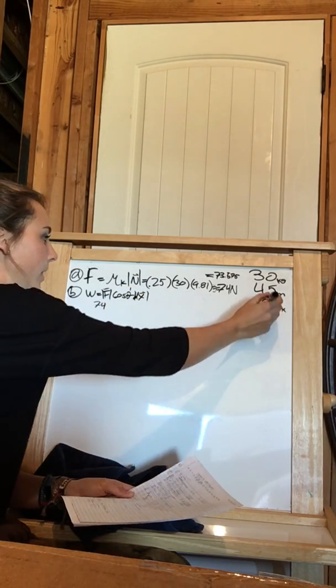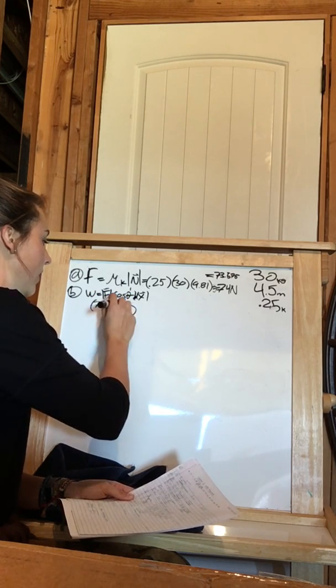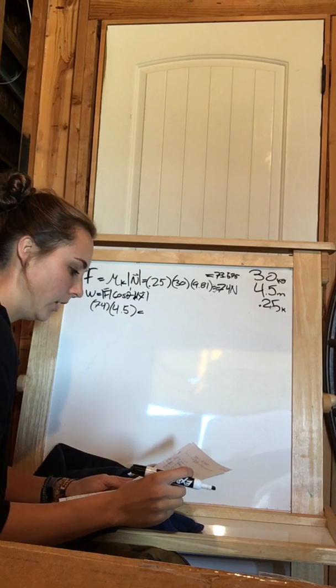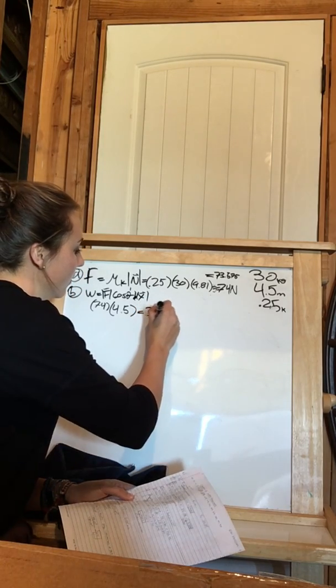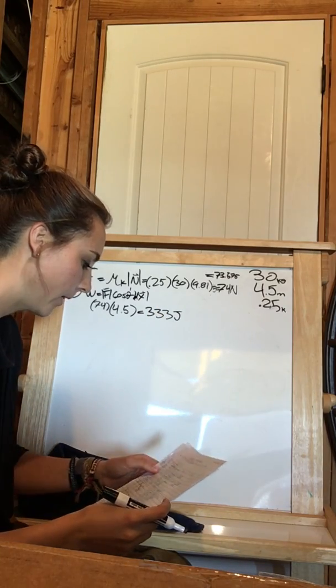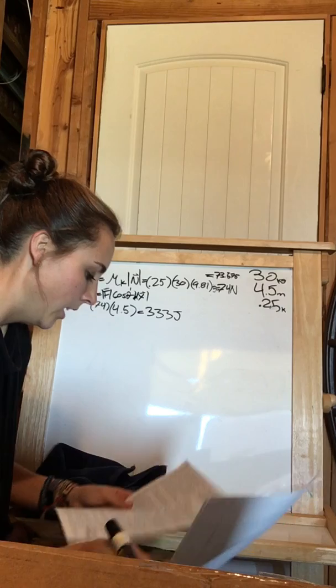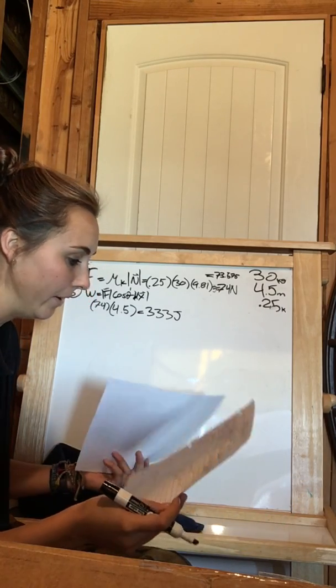And then the displacement is the 4.5 meters that it gave us. So 74 times 4.5 equals 333 joules. And then part C asks how much work is done on the crate by friction.